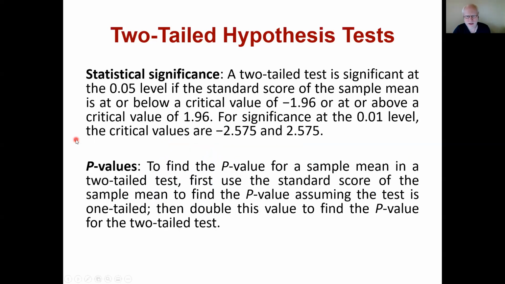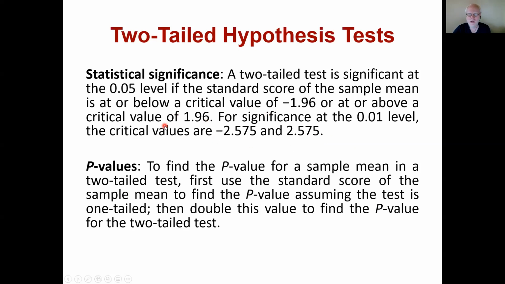So statistical significance: a two-tailed test is significant at the 0.05 level if the standard score of the sample mean is at or below the critical value of negative 1.96 or above the critical value of 1.96. So that's just summarizing what we just said. For the 0.01 level, the critical values are minus 2.575 and 2.575. You don't have to remember those as much.